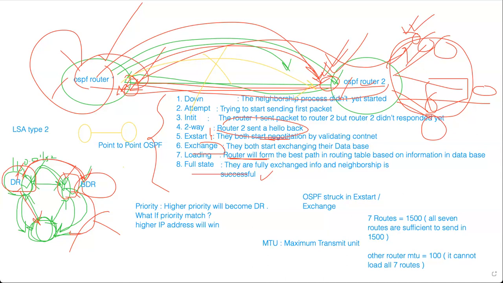Monica, what LSA is generated by a router to reach the ASBR? Type 4? Are you sure? Yes. Well, think about it. If my ASBR is in the same area as me, will I use type 4? Type 4 will identify the route to the area.